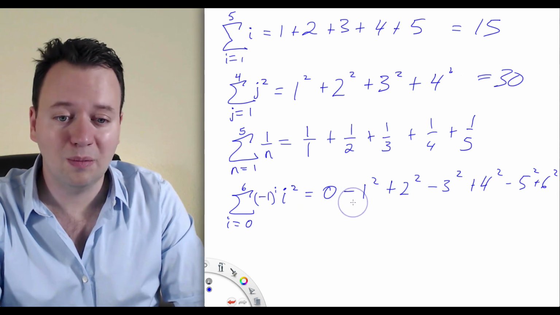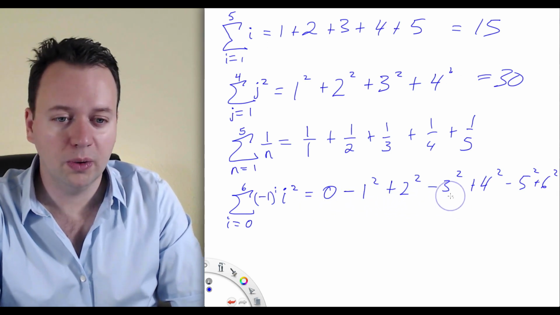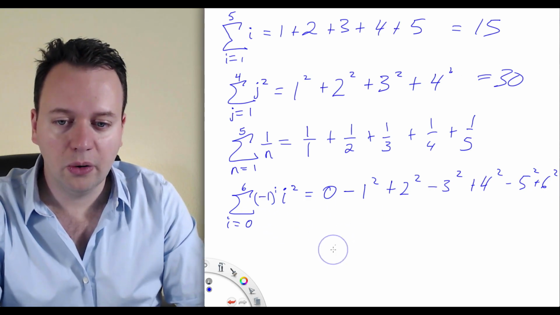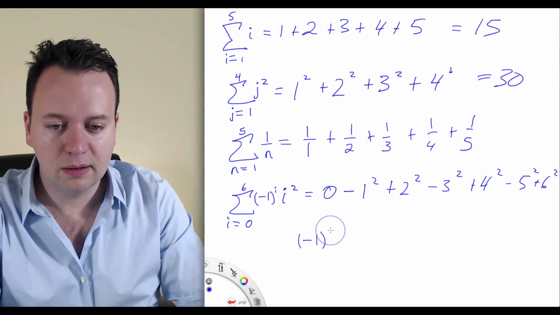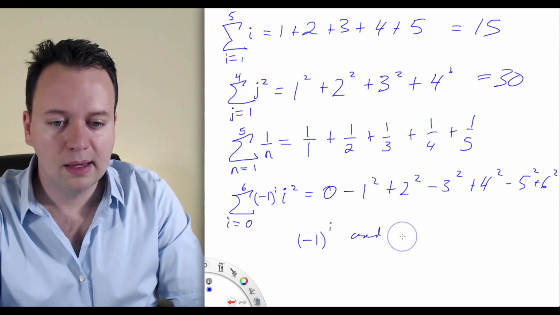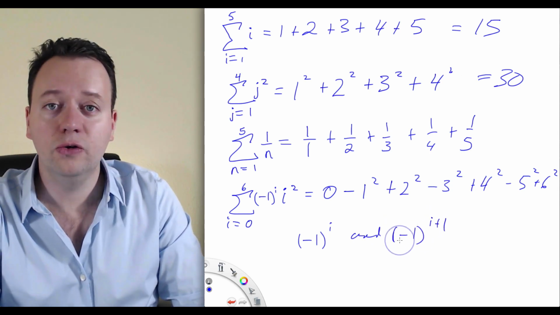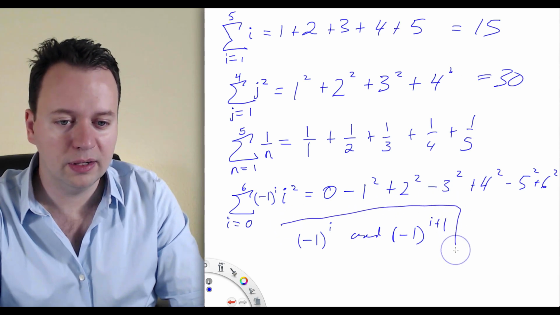So the whole thing is minus 1 squared, plus 2 squared, minus 3 squared, plus 4 squared, minus 5 squared, plus 6 squared. So minus 1 to the i and minus 1 to the i plus 1 are very useful for creating alternating series.